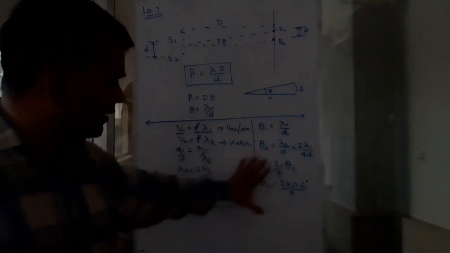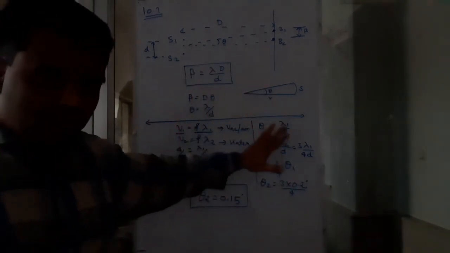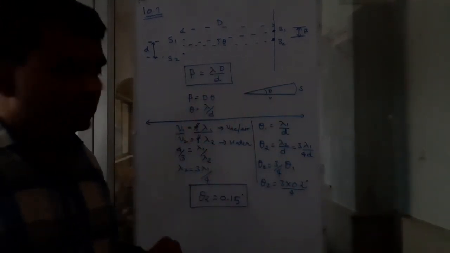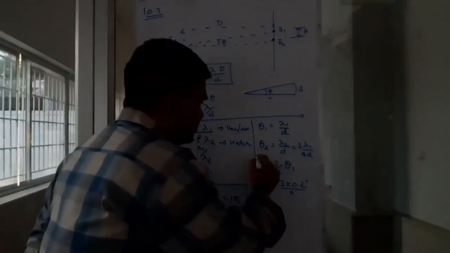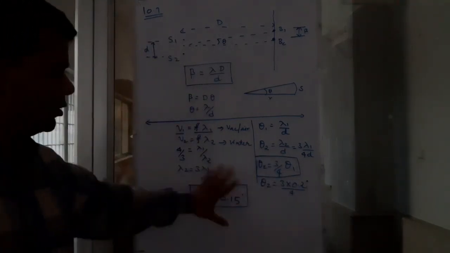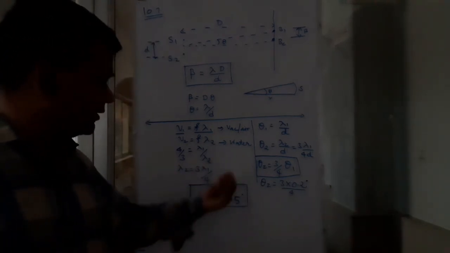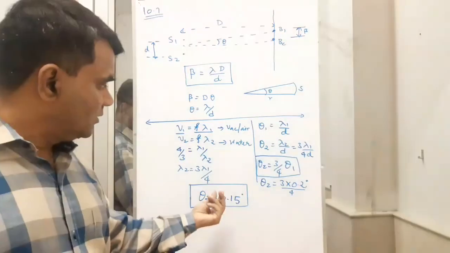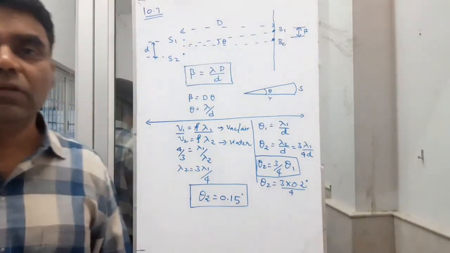So first you handle the equations with symbols, and once you get the final equation like this, then just put in the numbers and we'll get the right answer in the last step. Is this clear to you?